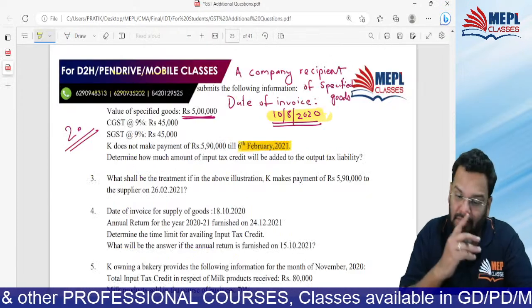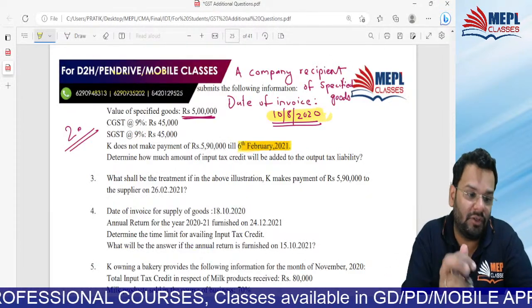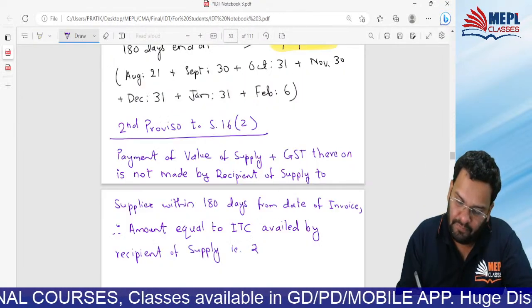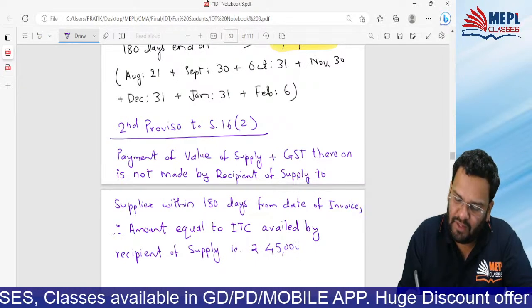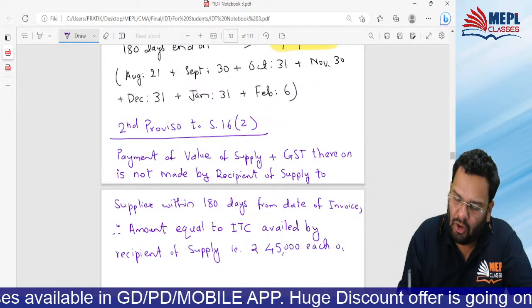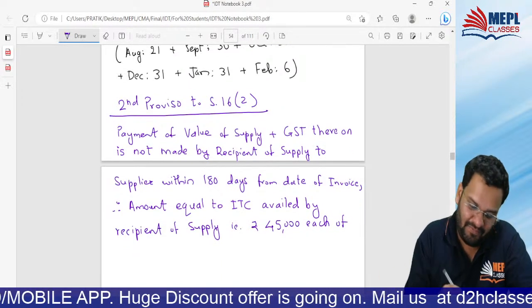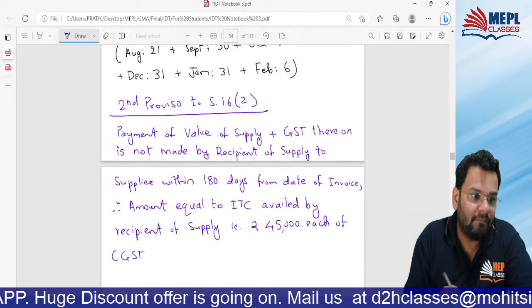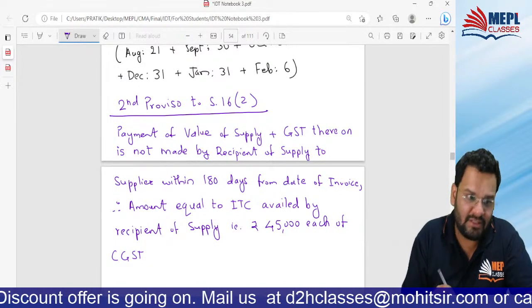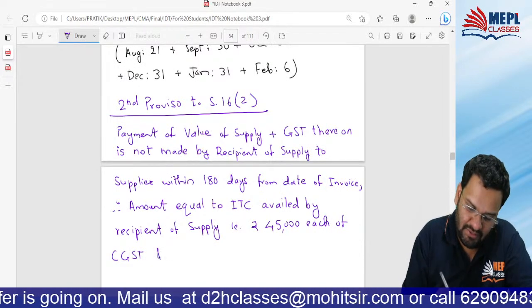Check. That is rupees 45,000 each of CGST and SGST.